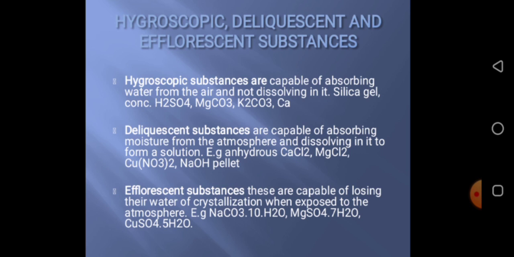Some can absorb water from the atmosphere. Some can give water out to the atmosphere. So we have what we call hygroscopic, deliquescent and efflorescent substances.